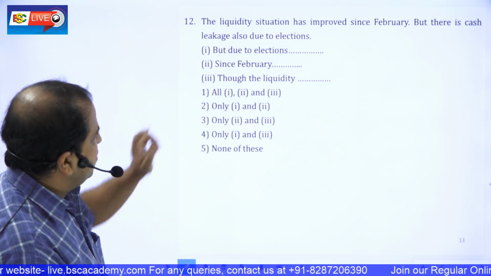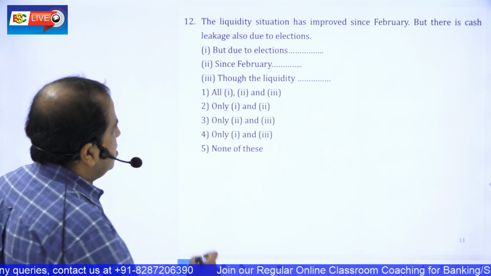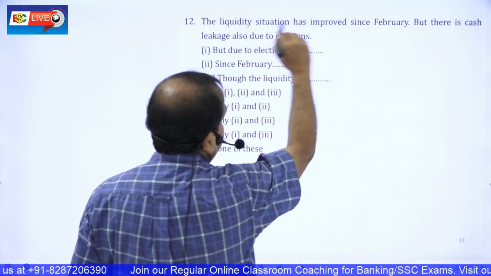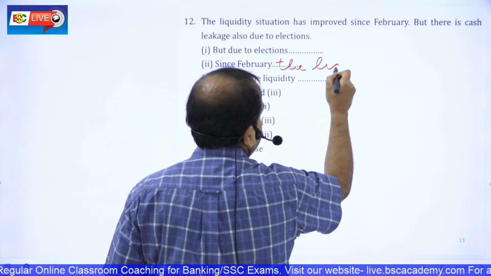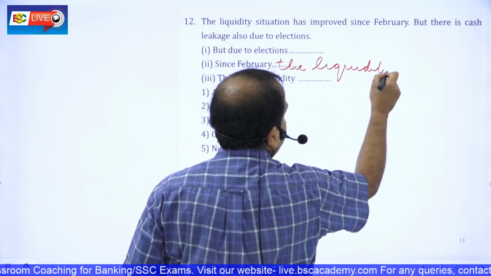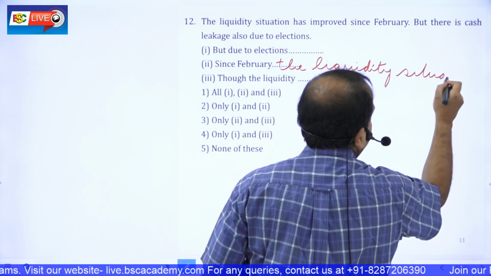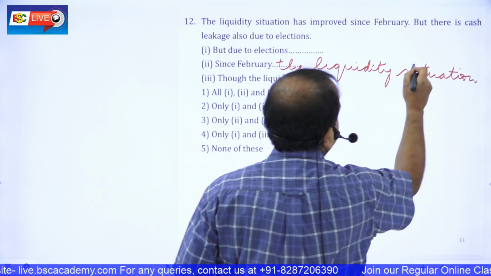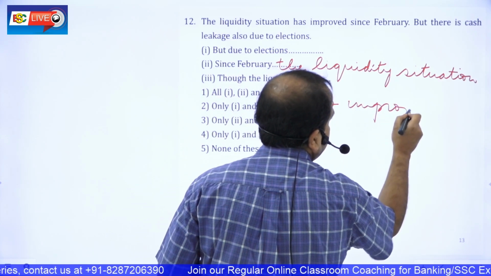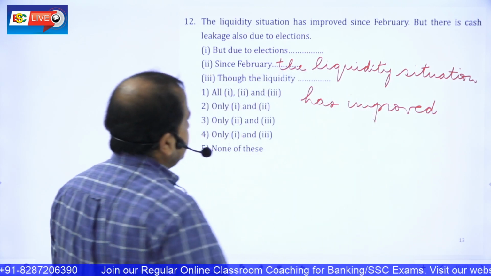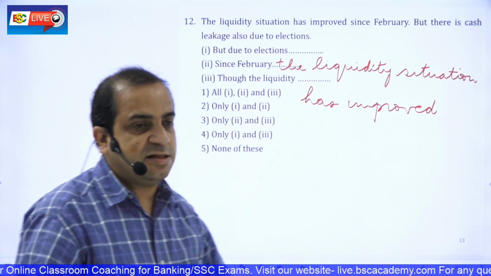If we start with since February, this can be done easily, because if we start with since February, we will carry this part forward. Since February, the liquidity situation has improved. And then straight away put the sentence B. When I say sentence B, those who have already taken the classes would know what it means.